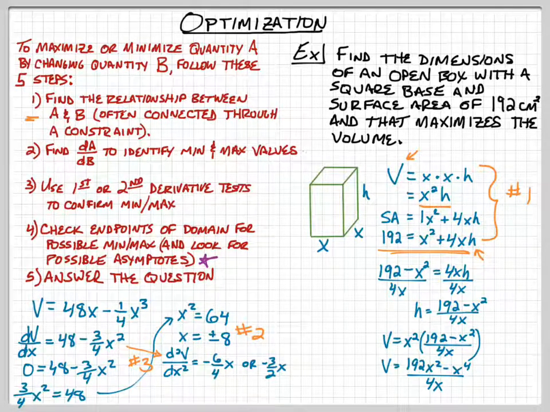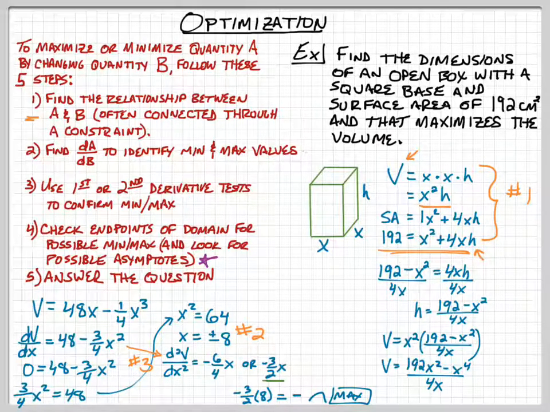Okay, so let's start with positive 8, because if we plug a positive in here, we know we're going to end up with a negative value. Since it's a negative value, that means it's concave down, which means 8 is going to be a maximum value.